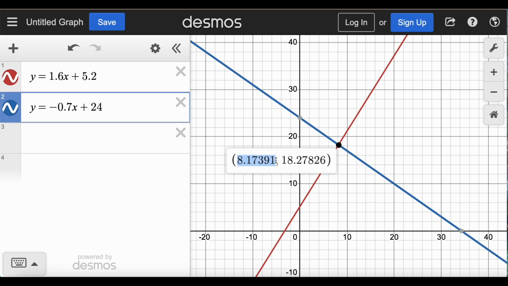And then you have the x-coordinate of where they meet and the y-coordinate of where they meet. So the intersection of this system is at 8.17391, comma, 18.27826. That is the intersection of those two graphs, okay?